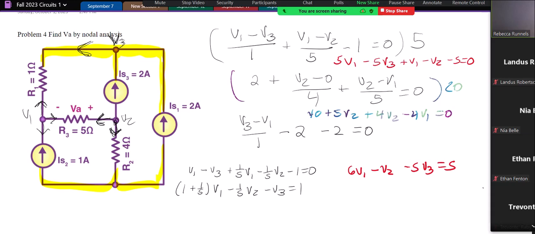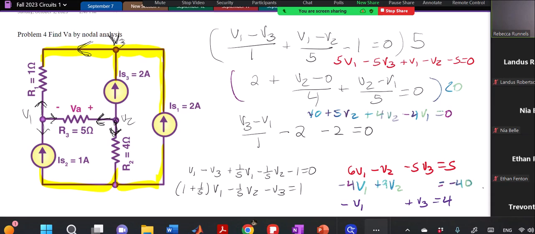And then gathering like terms, I'll have negative 4v1 plus 9v2 equals negative 40. And then this last one doesn't look like I need to multiply through by anything, so I have minus v1 plus v3 equals 4.